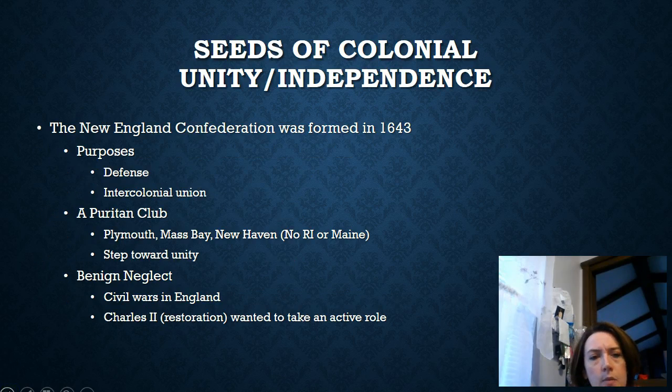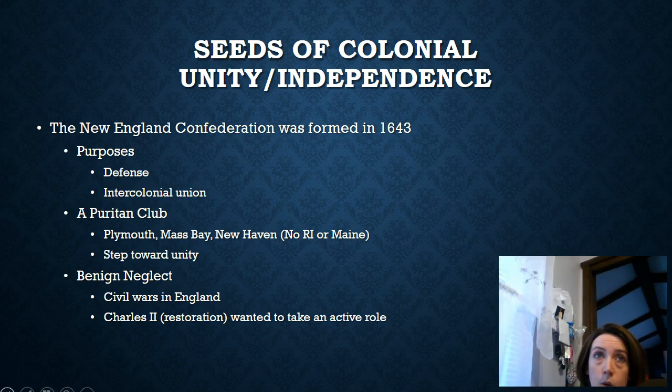At this time, we do look at trying to unite some of the colonies. We do have some common goals here, and one would be defense against the Native Americans. Thinking about it, when we look at the settlement of many, if not all, of the colonies, they're for very different purposes.